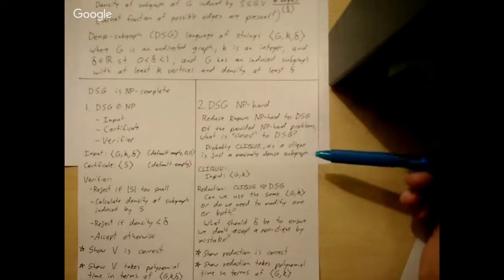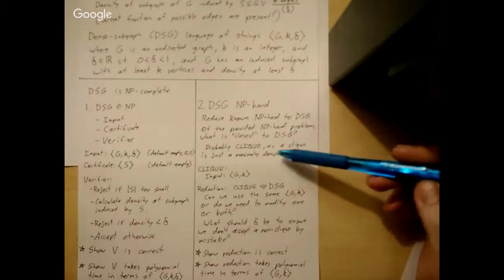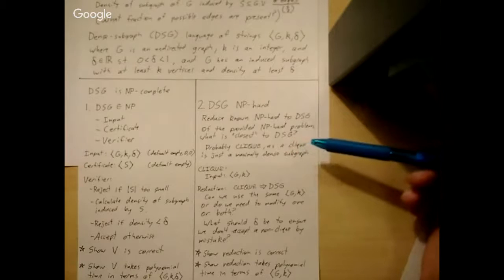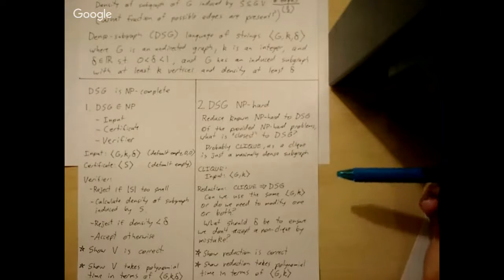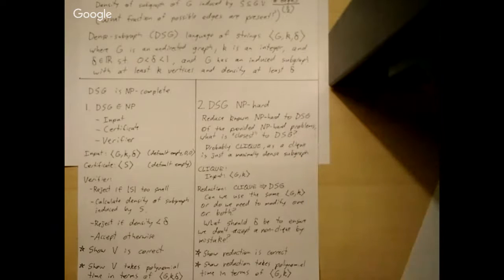They're not all going to be as obvious as this, but the description of the problem mentioned that clique is the densest subgraph at density 1. So that's a pretty big clue that clique is going to be easy to reduce.